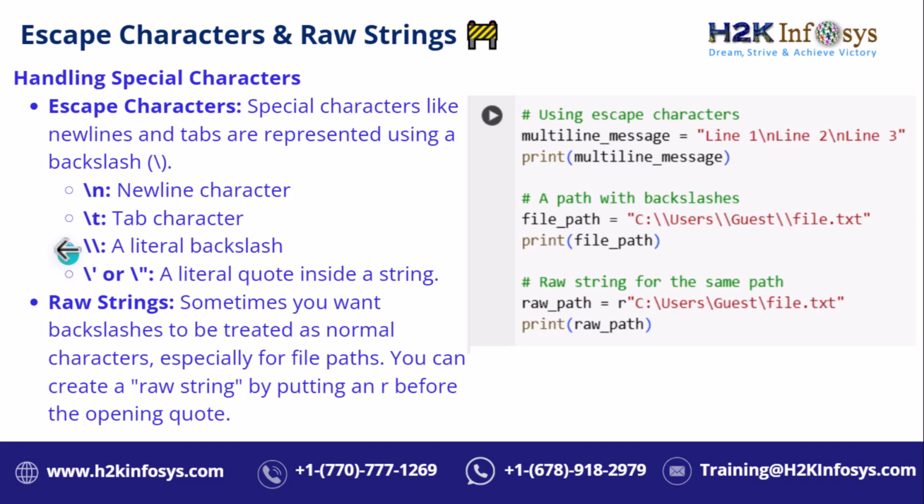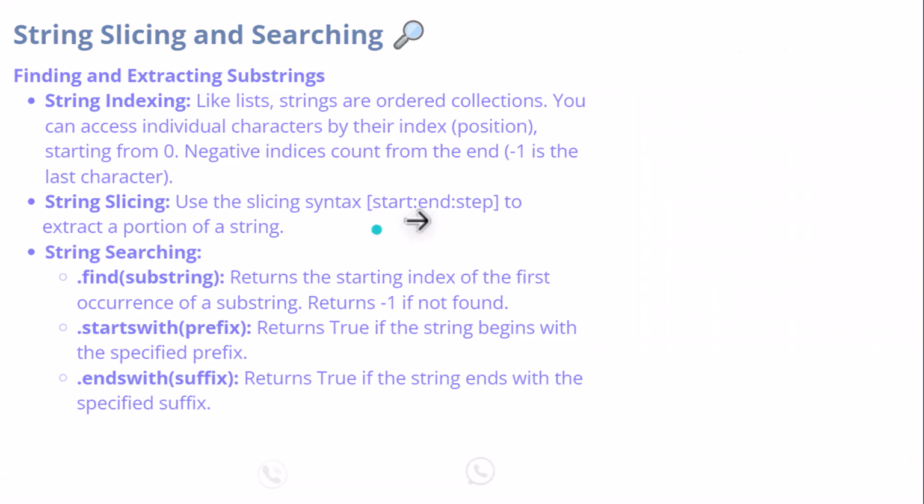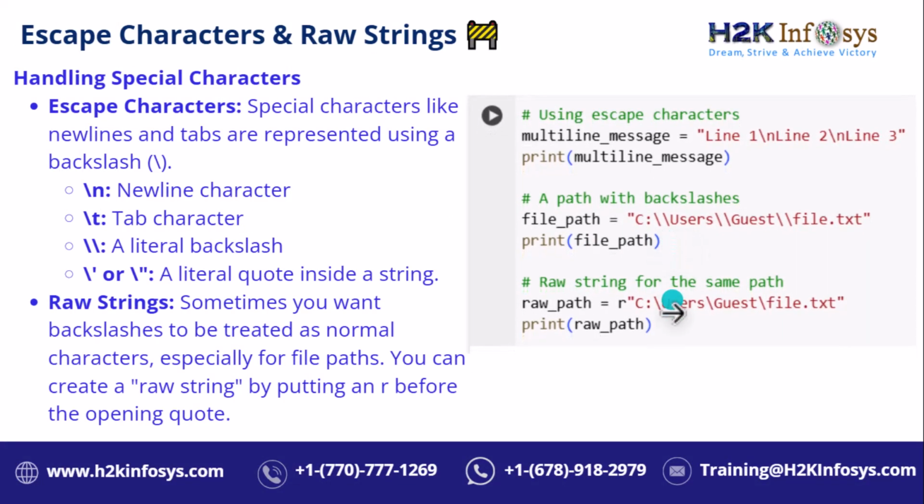What is the use of this double backslash? Whenever you want to write any path, like we have already seen, the path will be in this way and you want to get the result this way, usually the answer will not be printed automatically. If you want those backslashes to be printed, one additional backslash you have to write.